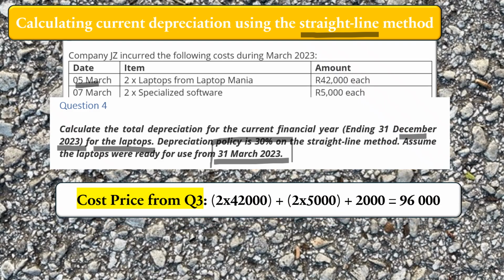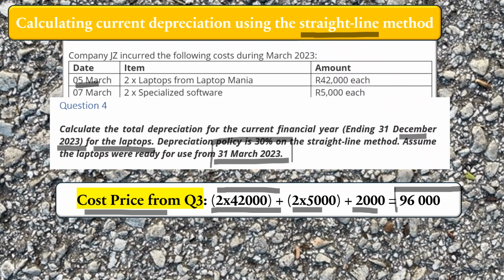Now, in order to calculate the depreciation, we need the cost price, because depreciation is the cost price times by the percentage. And here, the cost price we did calculate in the previous example, but let me just refresh your memory. The cost price of the two laptops was 2 times by 42,000 plus the software plus the delivery.